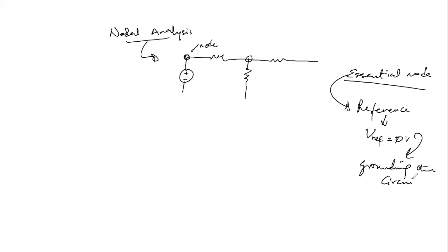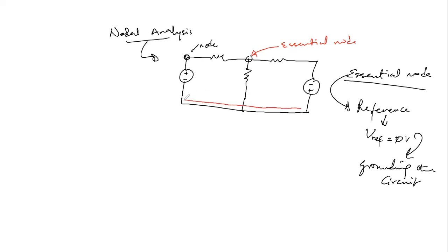So in this case, should we extend this some more? Let's say we have something like this. You realize that this is an essential node, because we have 3 or more elements, and this is also an essential node.